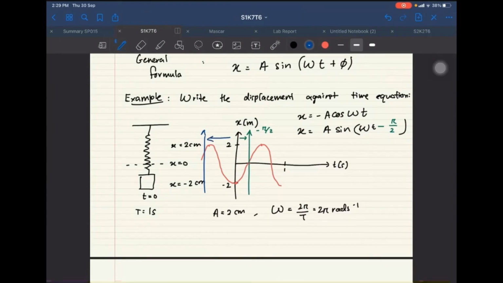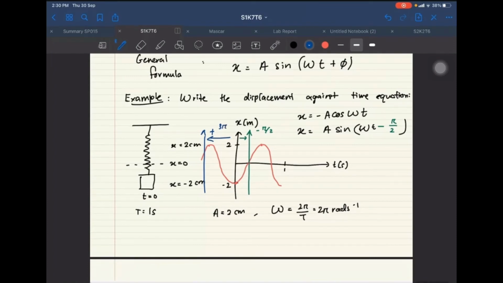So here you will get a positive. This is basically half pi. So if you move from here to here is pi over 2, and then you move an extra half backwards which is pi, so you get 3 pi over 2, or pi plus pi half.